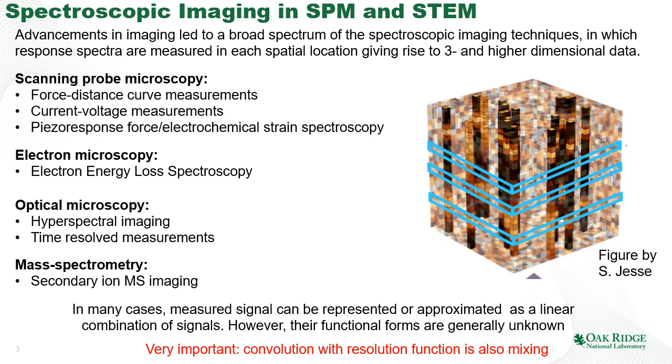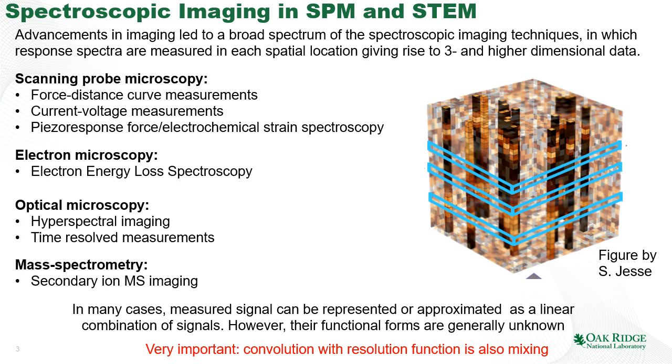The reason is that progress in the imaging methods over the last several years led to a very broad spectrum of spectroscopic imaging techniques, where we measure the response of the material as a function of wavelength or detection energy or whatever at each spatial location. And if we measure the spectral response at each spatial location, this gives rise naturally to a three-dimensional data set or potentially even higher dimensional data sets.